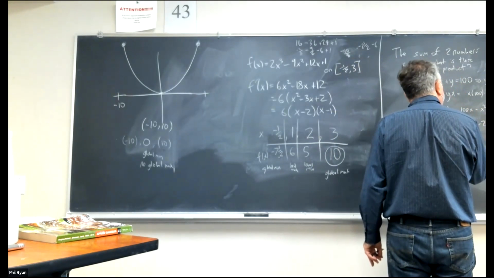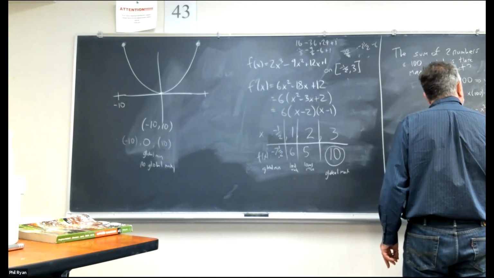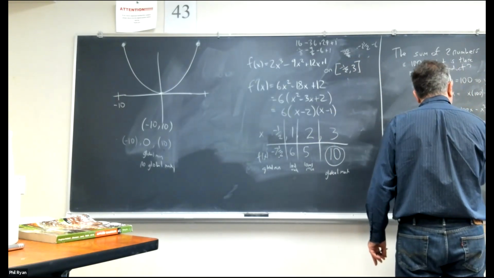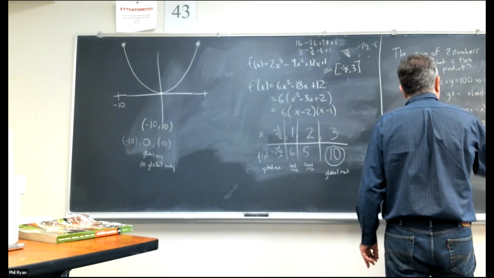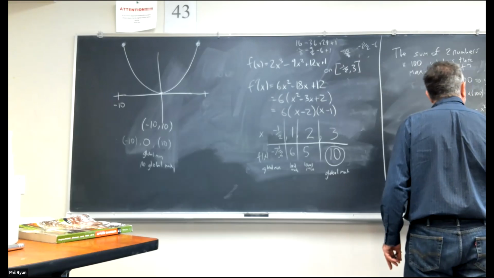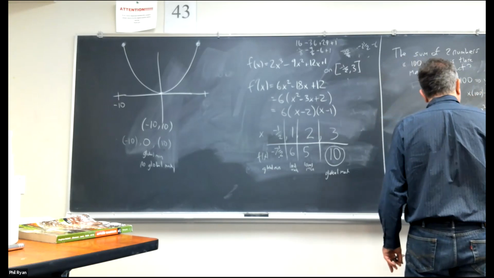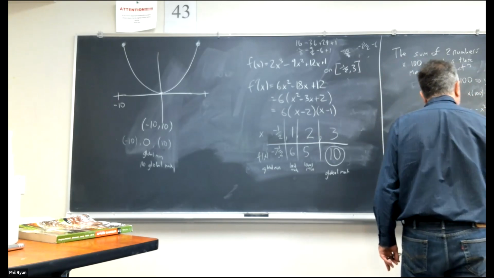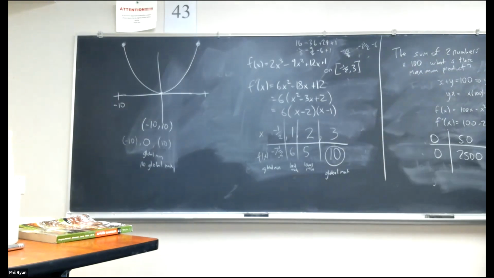So our things to check are 0, 50, and 100. When it's 0, it's 0. When it's 100, it's 0. When it's 50, it's 50 times 50. It's 2,500. So straight away, we can see the global max is 2,500.